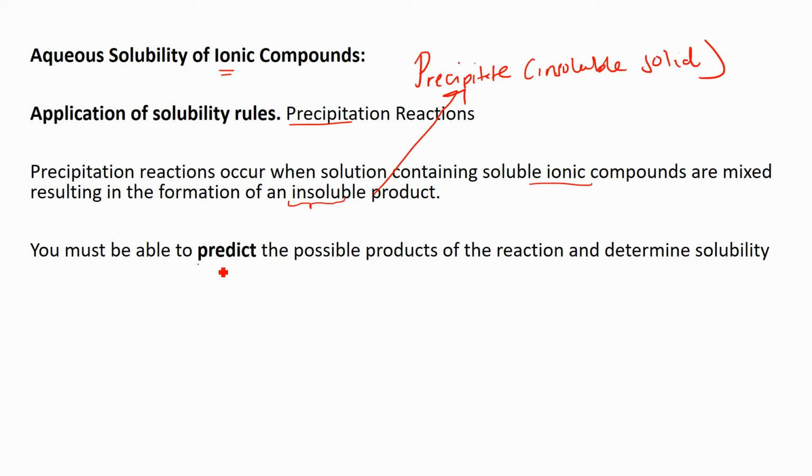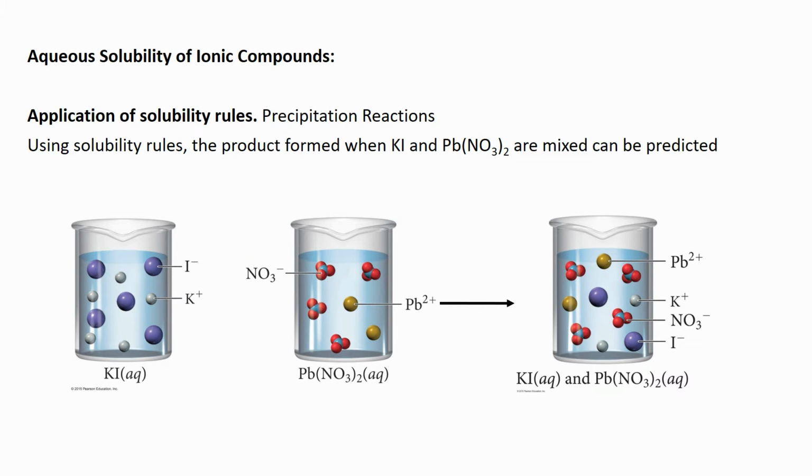So you must be able to predict the possible products in a reaction even before you determine whether you have a precipitate or not. And to do that, we do what we call ion exchange. There's a fancy word for this term you must have learned in general chemistry. It is double displacement.